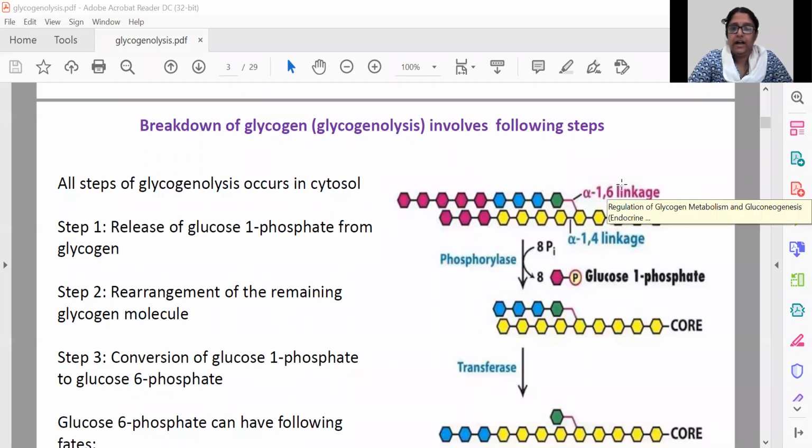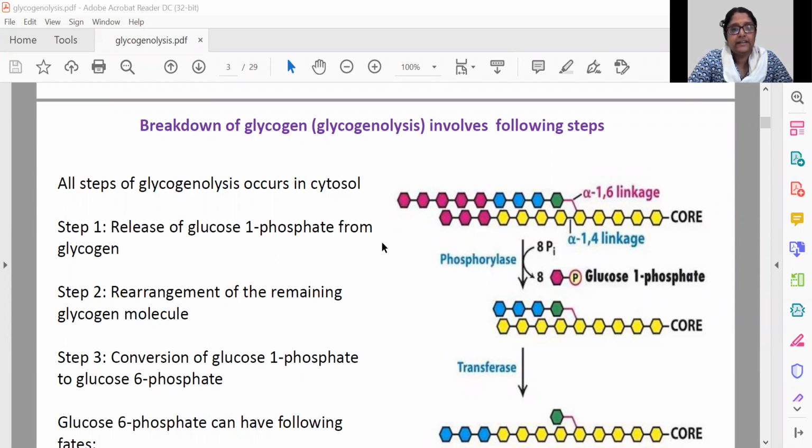So I'll show you the screen for that, because otherwise this will be very confusing. These are the steps of glycogenolysis.